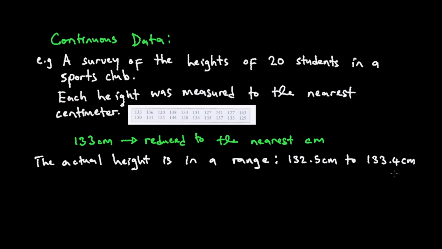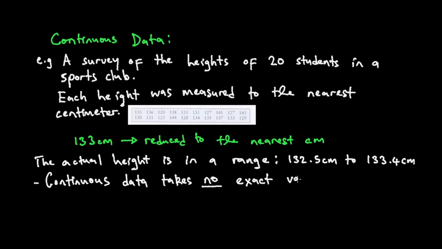Continuous data cannot take exact values. We are looking at the characteristics. This is more like repetition, but repetition makes perfect. So continuous data takes no exact values. An exact value is a whole number.